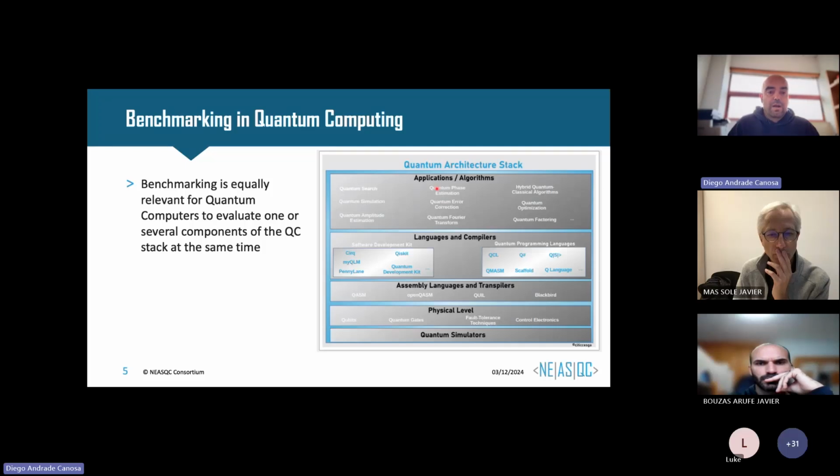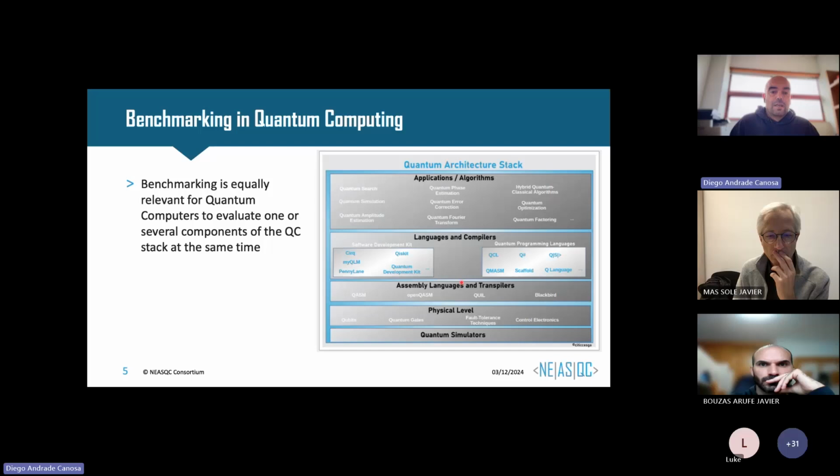So we are going to have here quantum phase estimation, amplitude estimation, quantum optimization, quantum factoring, etc. And then we are going to have the programming languages or the software development kits that we are using for their implementation. Then going down to another level, we translate this code using a compiler to an assembly language. And this is going to compose a given logical circuit.